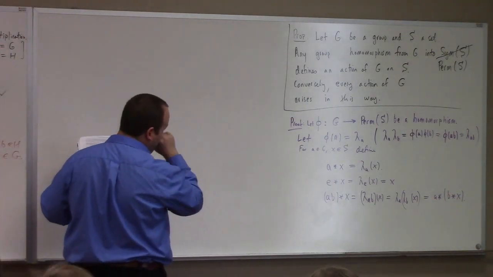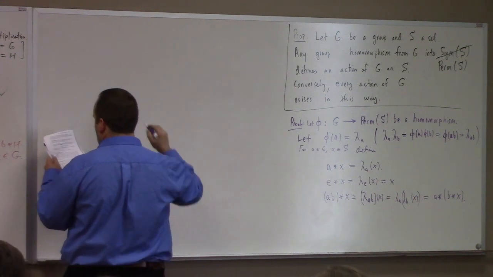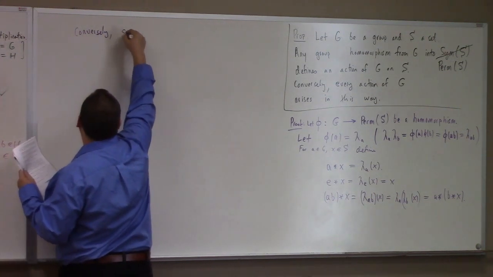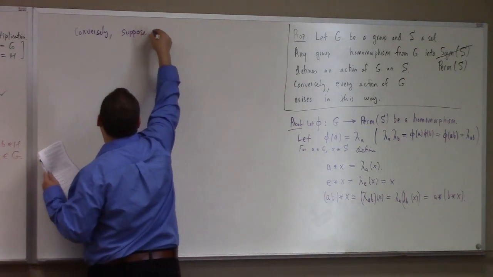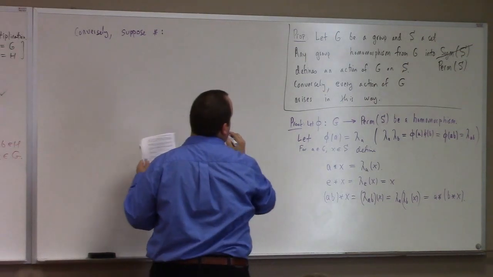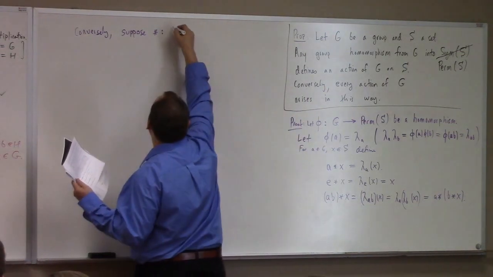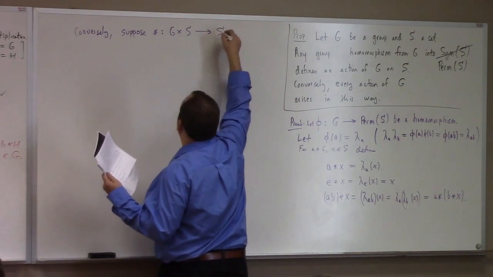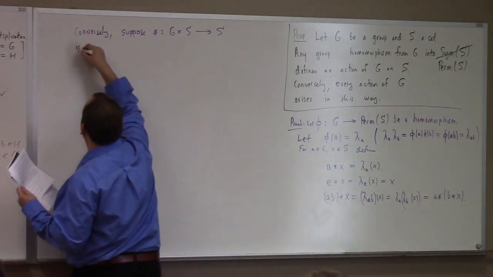So conversely, every action of G arises in this way. So conversely, what should we do? Suppose star, right? We need to take star, which is a group action, from what? From G, how's it go? G cross S to S, right? Suppose that this is a group action.